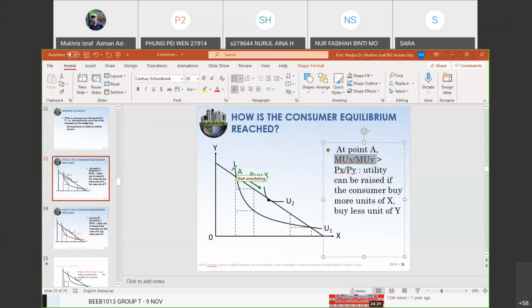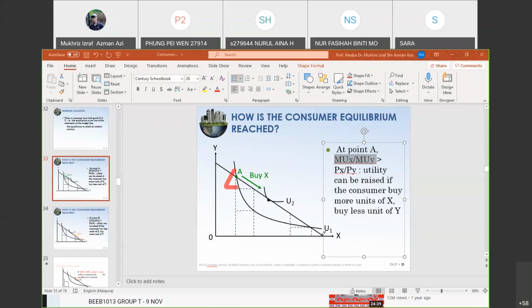MRS basically is the slope, perubahan X over perubahan Y. You know that when you are at a higher point, usually the MRS, the slope, will be higher compared to when you are moving downwards. So that's why the slope at point A is bigger than the slope of the budget line. The budget line slope remains the same. So at point A, MRS is bigger than PX over PY.